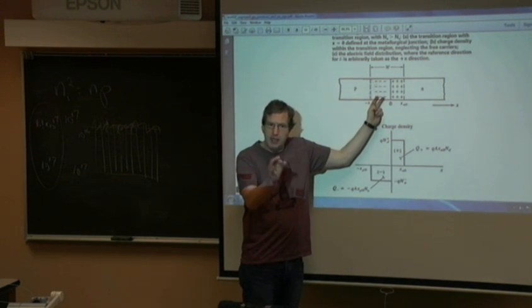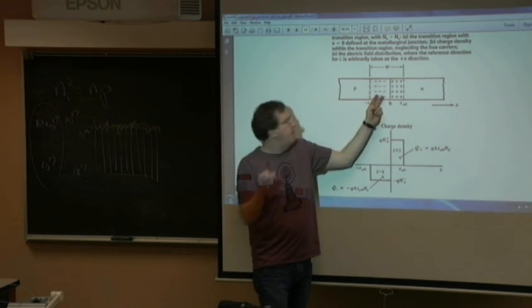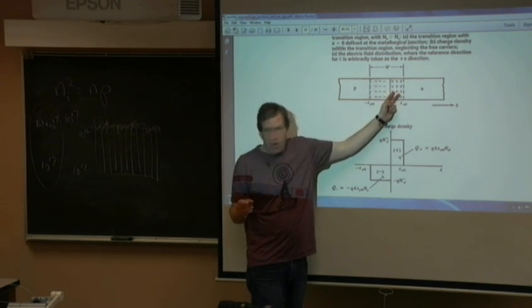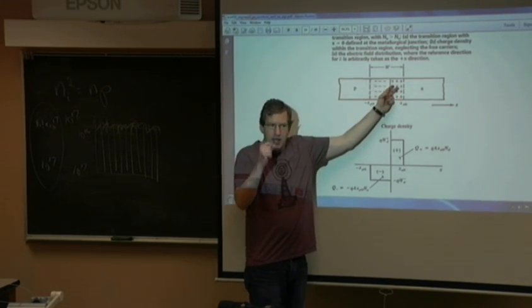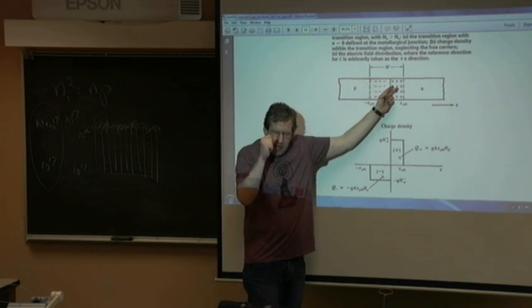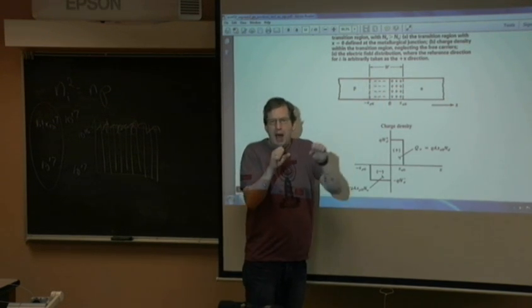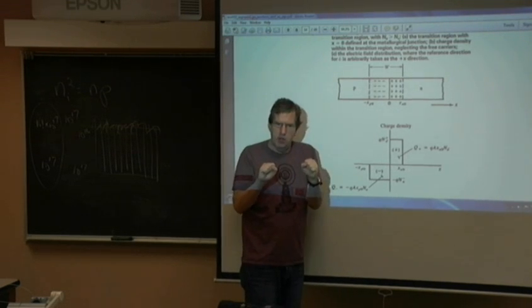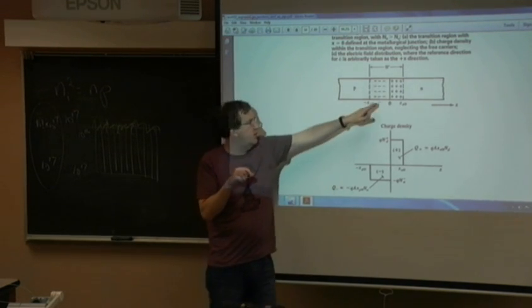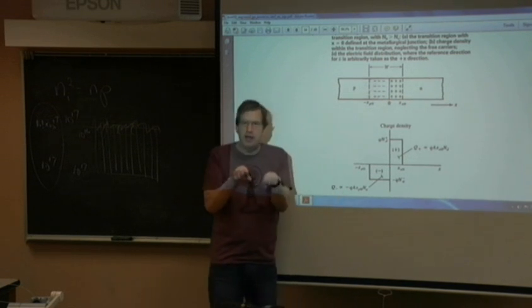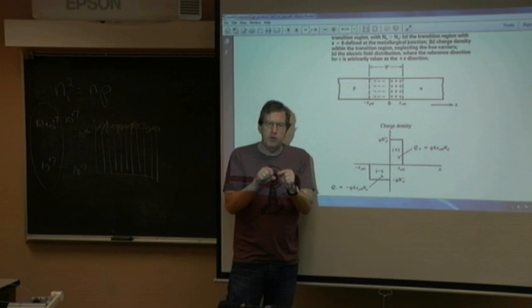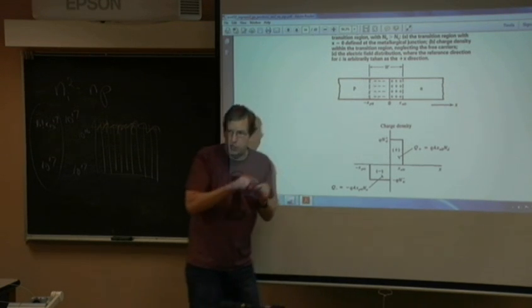And they're fixed in their location. Because the phosphorus atom that created this plus one charge is housed in the crystal lattice, bound by 4 covalent bonds to 4 adjacent silicon atoms. So as long as this is at room temperature, that phosphorus atom is not going to move anywhere. That phosphorus atom only moved when I did the diffusion, like the first computer problem.